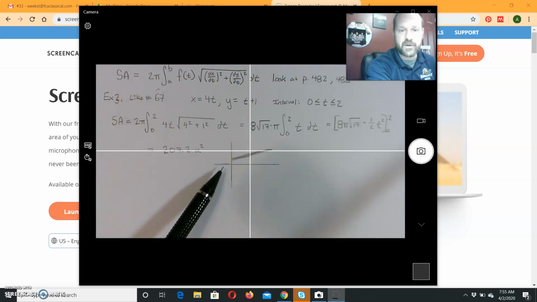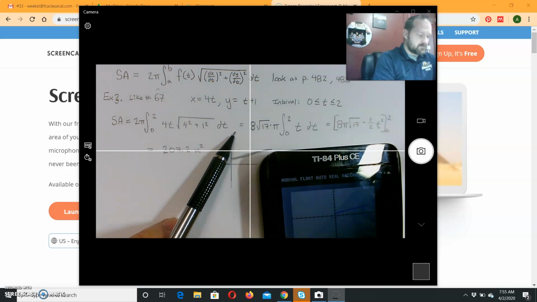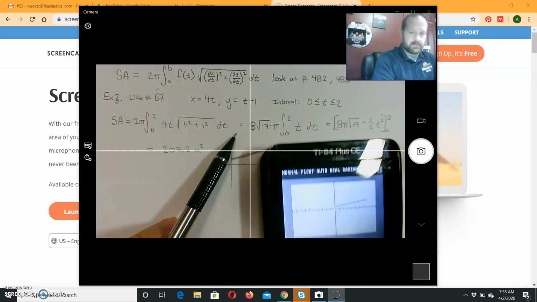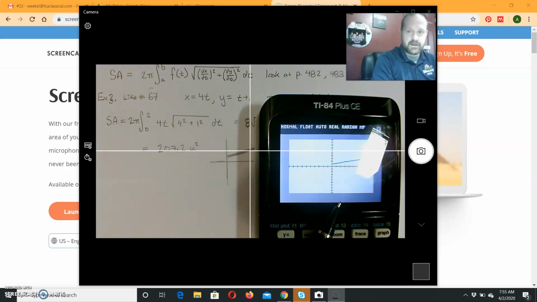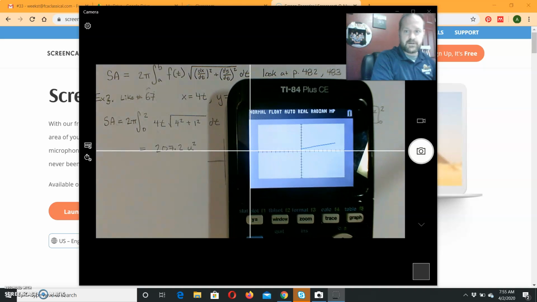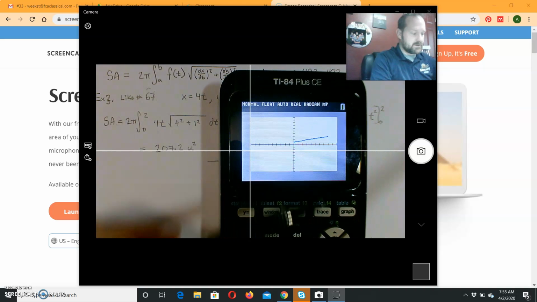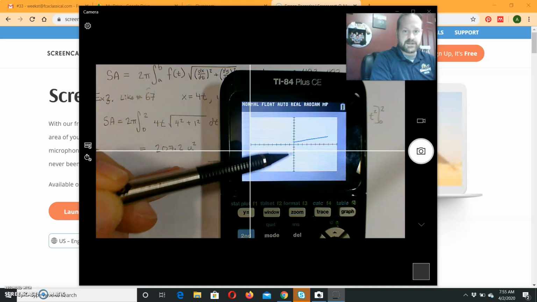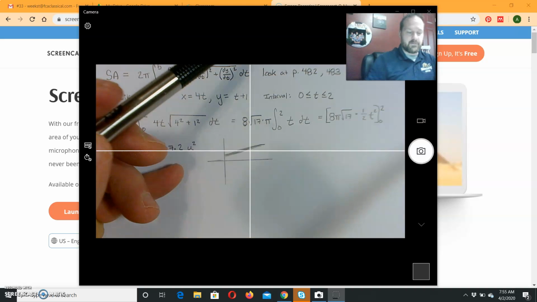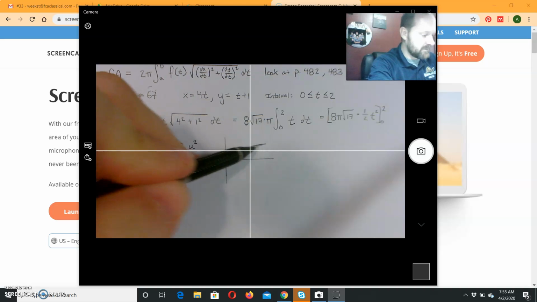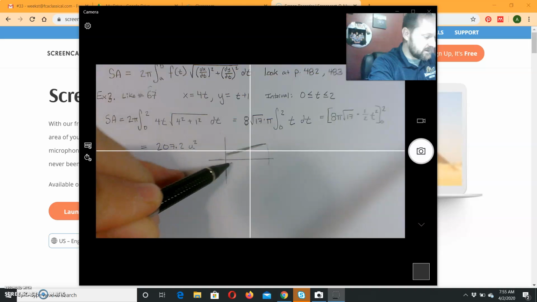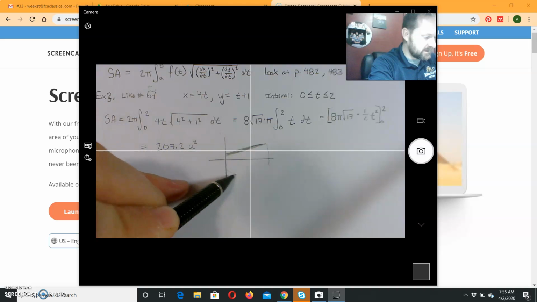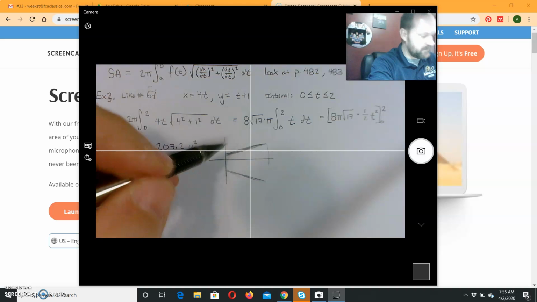So graphing this here, that's our equation. Looks like that. A little bit of glare going on there. Imagine this being rotated around the x-axis. Actually, I'll just draw. Imagine that I were to rotate this along the x-axis here.